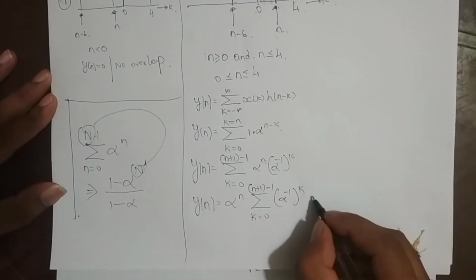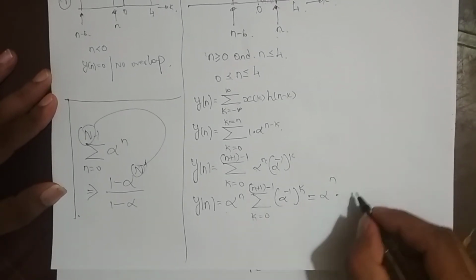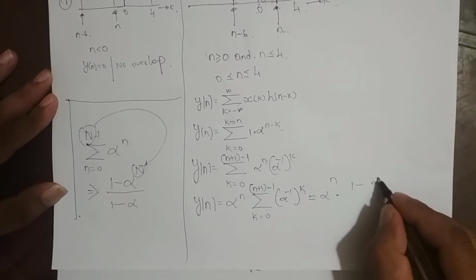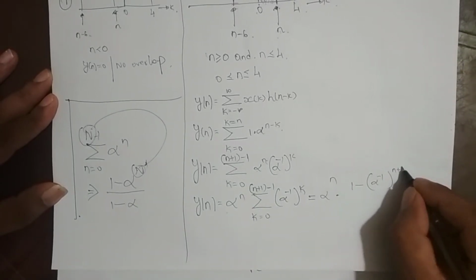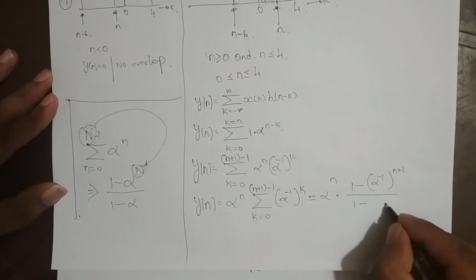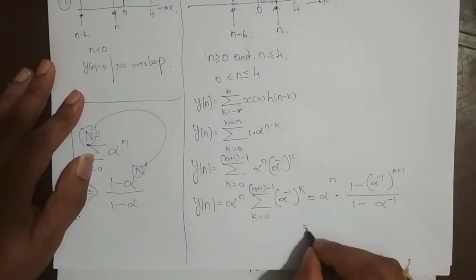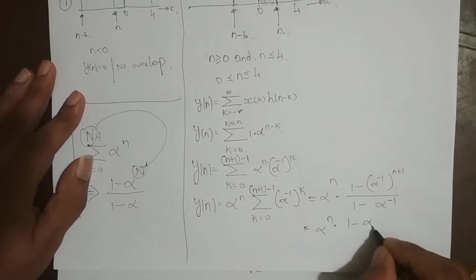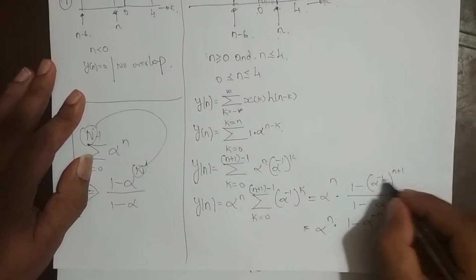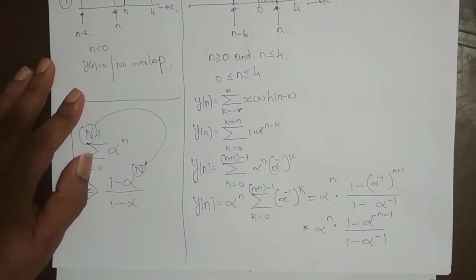So this is equal to alpha power n, this term, into 1 minus alpha power, this term has to come here, this term is actually n plus 1, whole divided by 1 minus alpha. So we have to simplify further, so I can write it as alpha power n into 1 minus alpha power minus n, minus into minus, minus 1 whole divided by 1 minus alpha power minus 1.